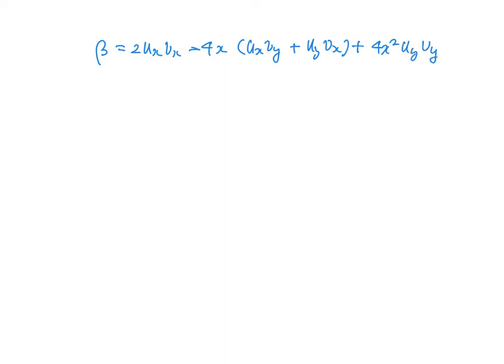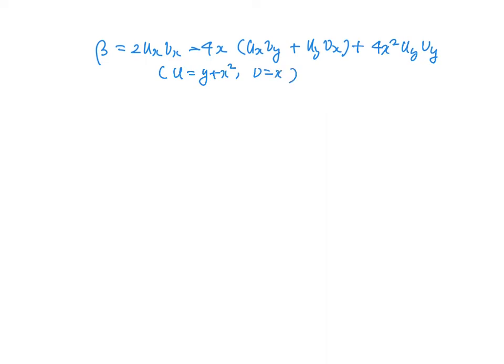And let's see. Beta is 2 u_x v_x plus b(u_x v_y plus u_y v_x) plus 2c u_y v_y. And we have set u as y plus x squared, v is x.